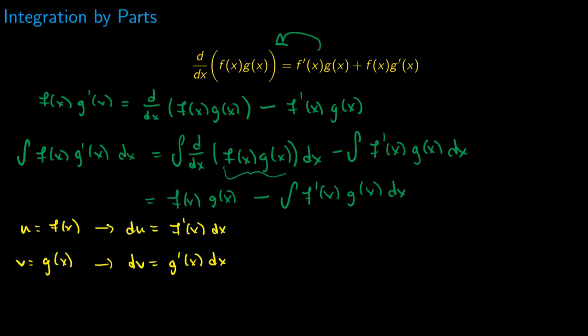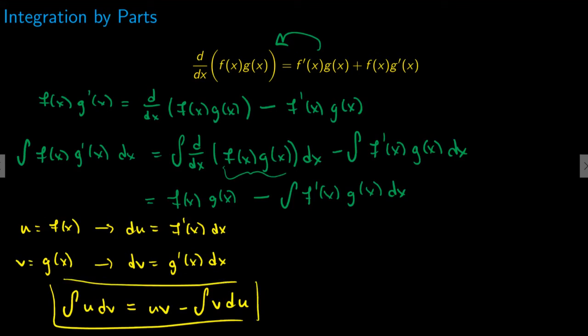And if I make these substitutions, I can rewrite this formula as the integral of f of x is just u, so the integral of u, and g prime dx is just dv. So I get the integral of u dv is equal to f times g is just u times v now, so I get uv minus the integral of v du. And this is commonly known as the integration by parts formula.